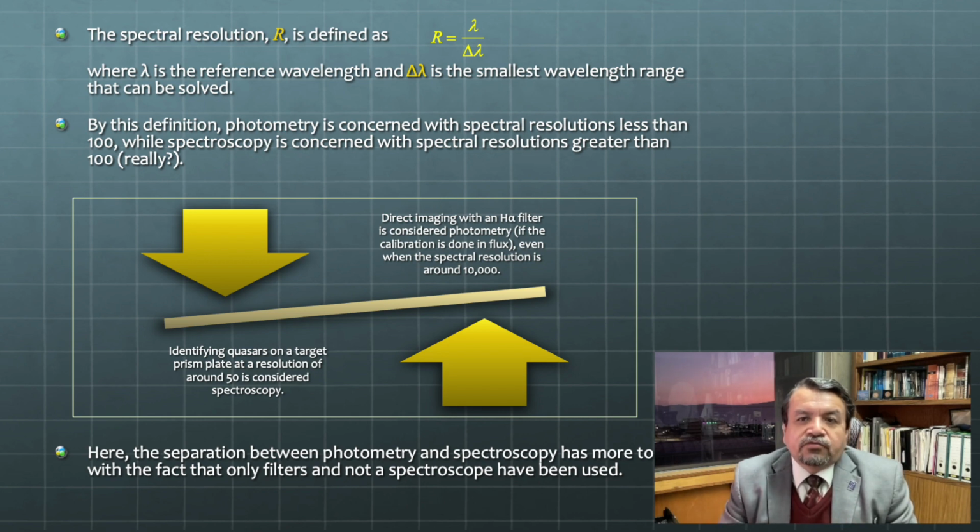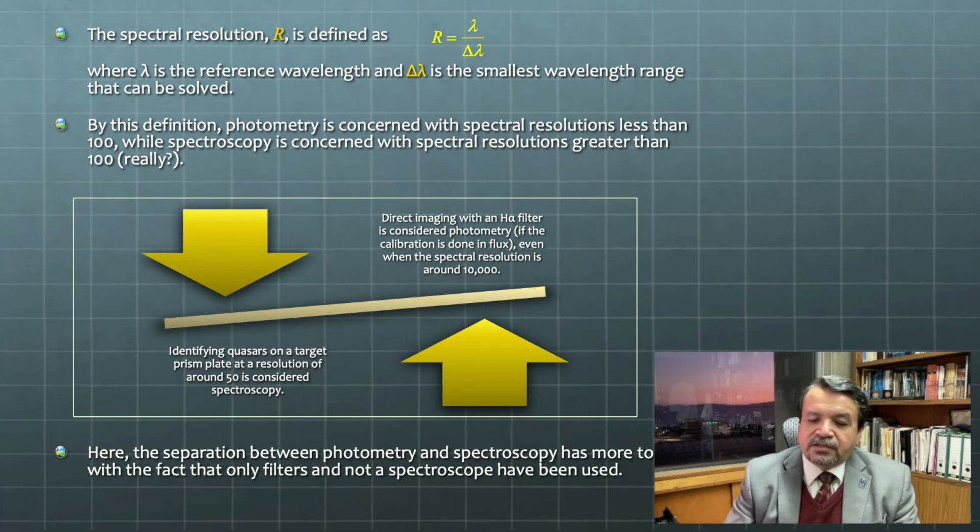We can say that photometry achieves resolutions lower than 100, while spectroscopy achieves spectral resolutions greater than 100. That ultimately has specific instances in which this does not work as intended. That's why, preferably, the concept we use is that if you are using a photometer, it is photometry, and if you use a spectroscope, then it is spectroscopy.